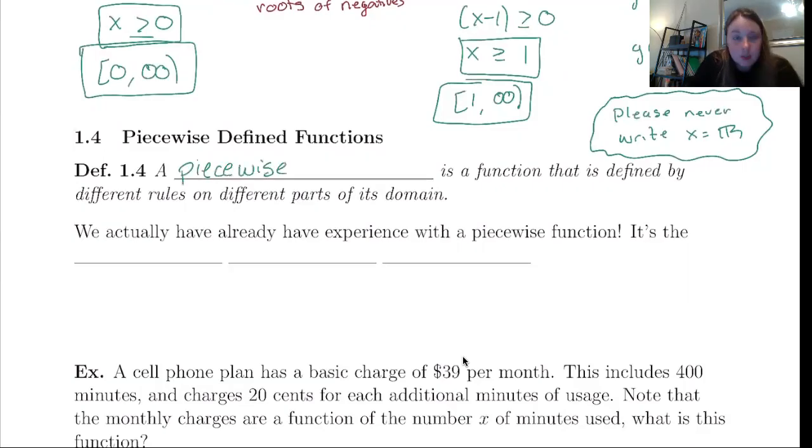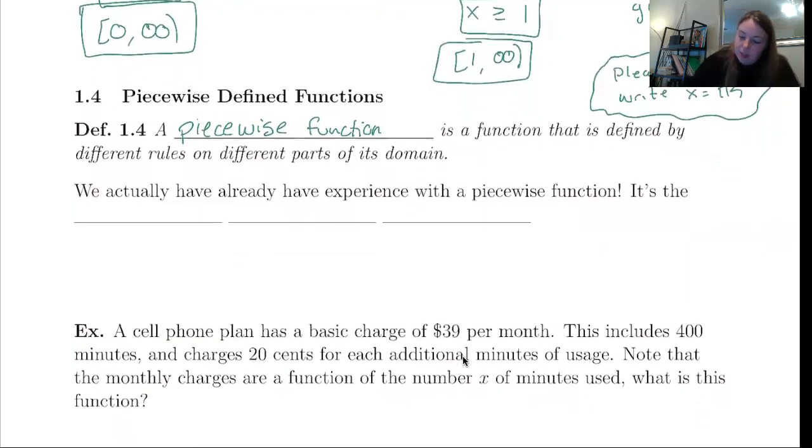I'm hyped right now on these piecewise functions. A piecewise function is a function that is defined by different rules on different parts of the domain. We've actually already seen one of these when we were talking about distance in the earlier sections.